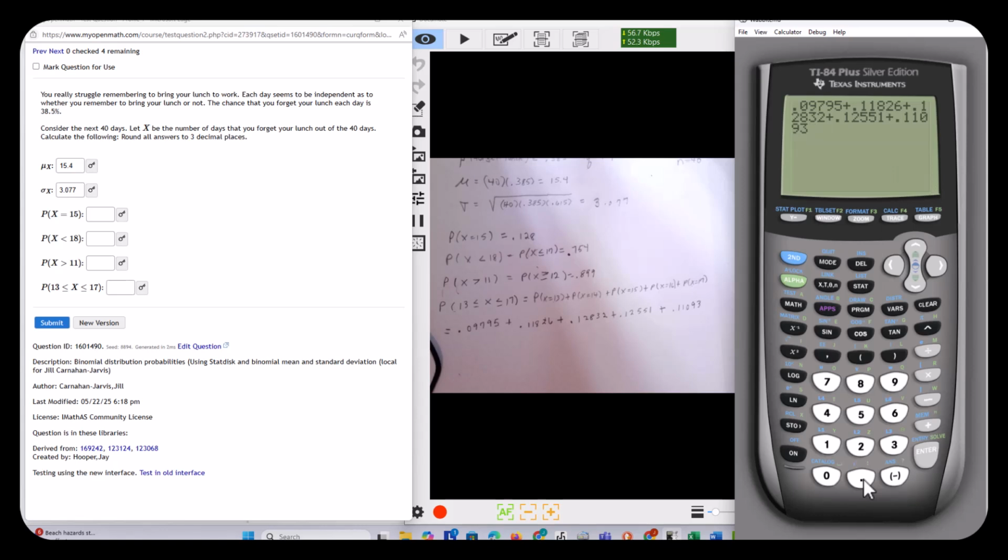We'll double check these numbers again. 0.09795, 0.11826, 0.12832, 0.12251, 0.11093. And let's hit enter. And that's going to equal to 0.58. Rounded to 3 decimal places, that's going to be a 0.581. We'll see what we get.